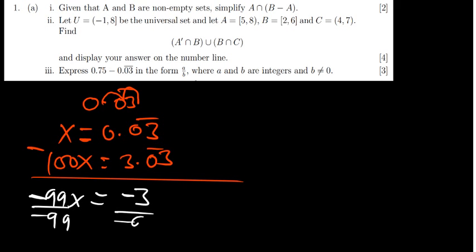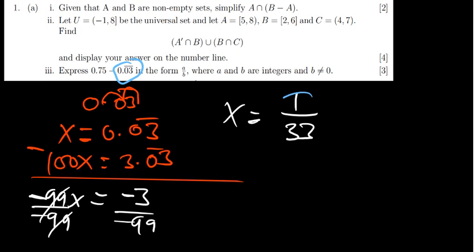These two will cancel, and my x is going to be equal to 3 over 99, since the negatives cancel. There's a number which goes into 3 and 99, which is 3. 3 into 3 is 1, and 3 into 99 is 33. Meaning I've now expressed this as 1 over 33. So what I have now is 0.75 minus 1 over 33.